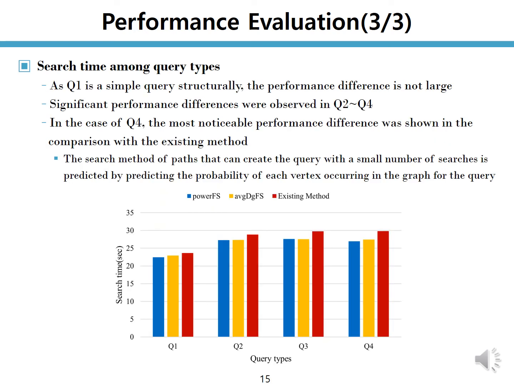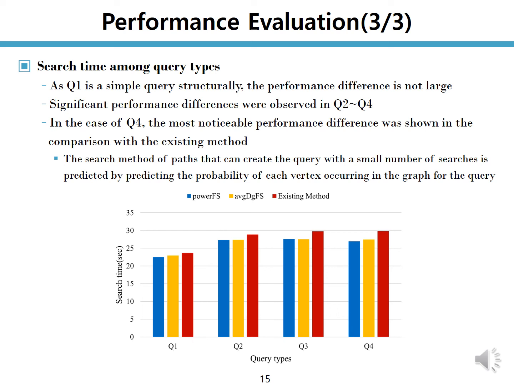This figure shows the search time among query types in the real dataset. Query Q1 shows almost no difference in the performance. A simple query like Q1 did not show a large difference in the performance evaluation of the real dataset. Significant performance differences were observed in Q2 and Q4. In Q4, the most noticeable performance difference was shown in the comparison with the existing method.